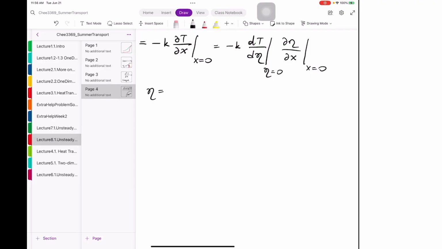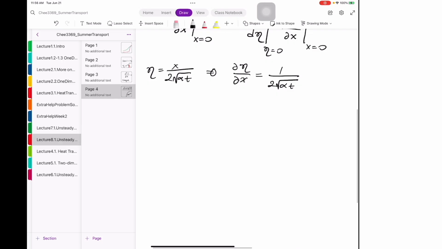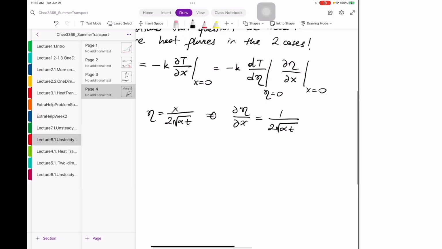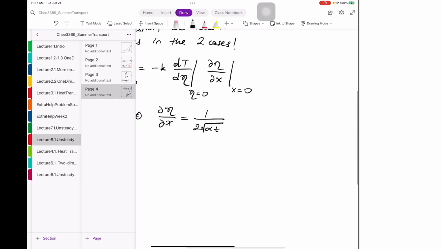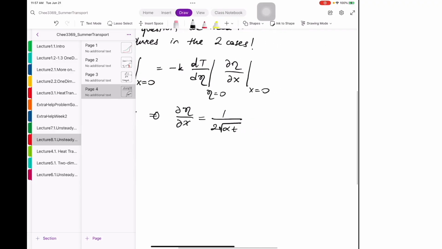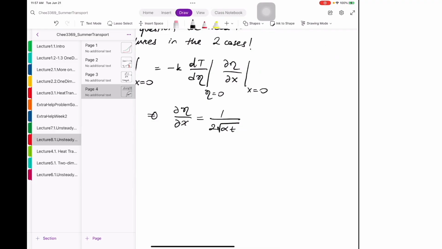And since eta is equal to x over 2 square root of alpha t, del eta over del x is equal to 1 over 2 square root of alpha t, right? So we need to also find dT over d eta, right?